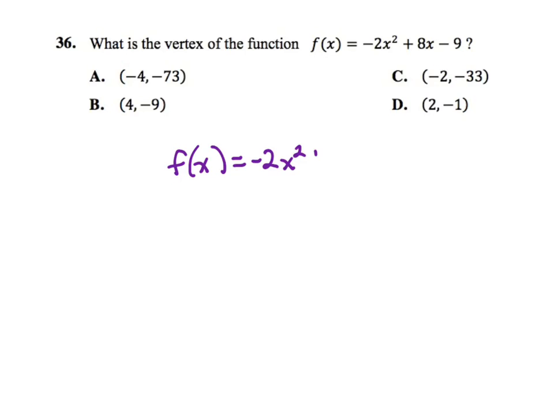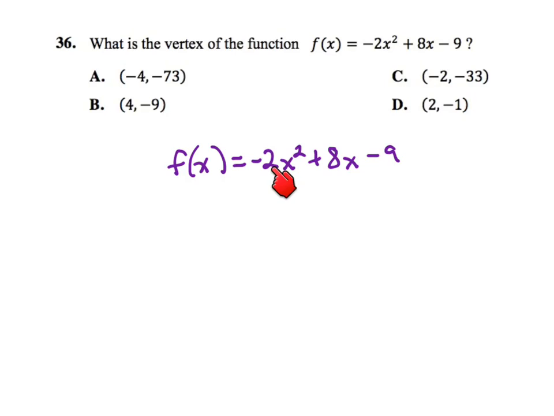So here's my original function, f of x equals negative 2x squared plus 8x minus 9. Now to complete the square, all I care about is these first two terms. But before I do that, I need to make sure that my x squared has a coefficient of 1. I don't know how to complete the square right now without that. I'll learn that in later algebra.